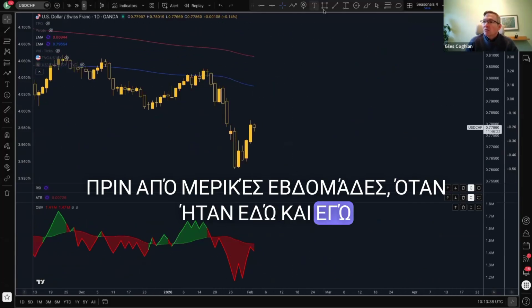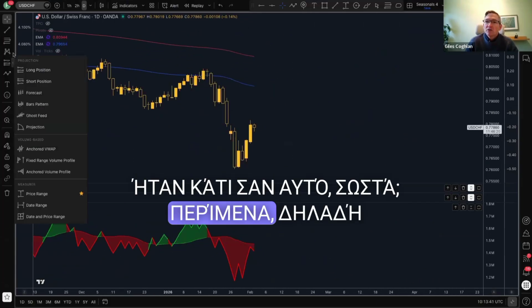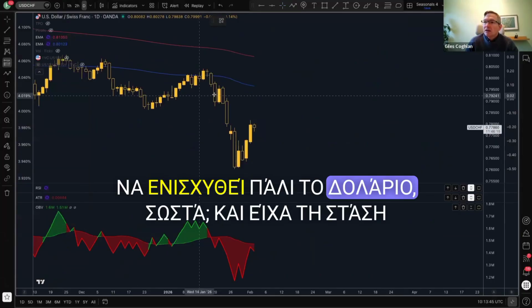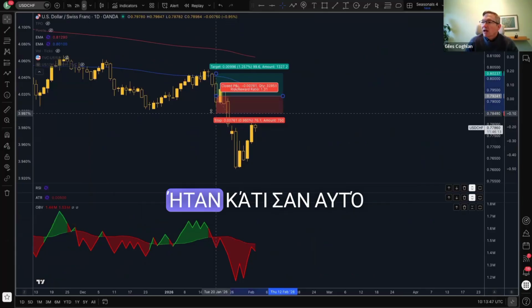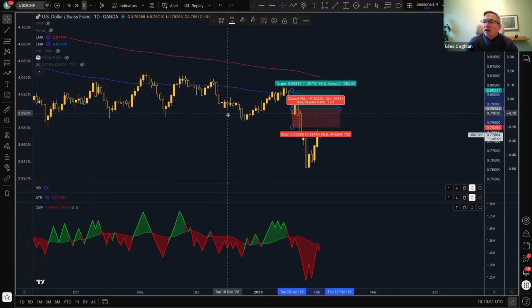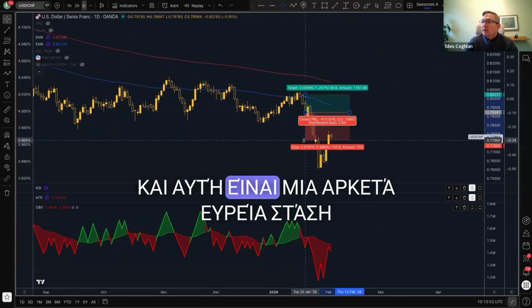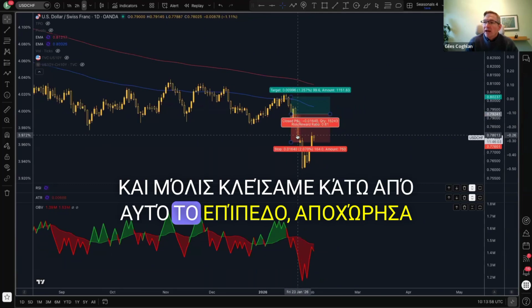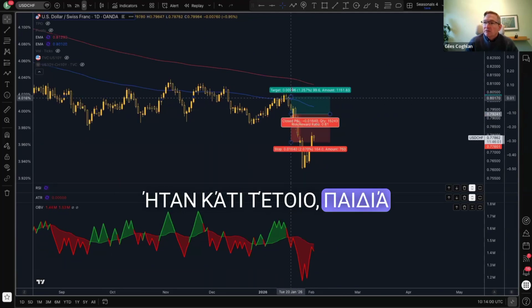I was waiting for the dollar to strengthen again, and I had the stop, something like that. I can't remember exactly. That's quite a wide stop, right? And as soon as we closed underneath that level, I exited.